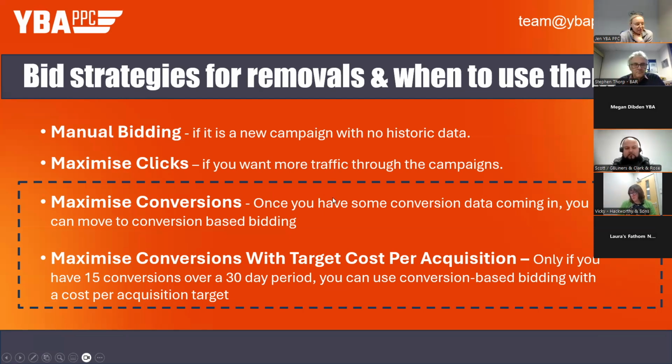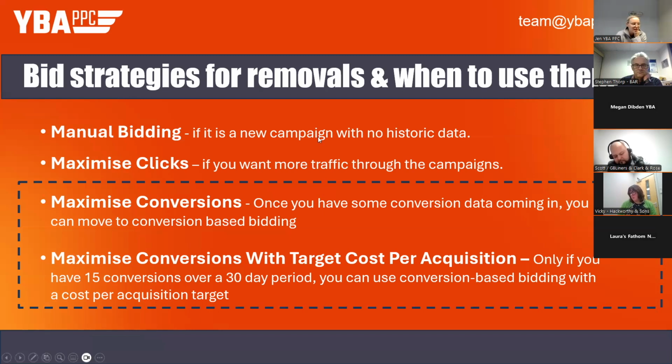If we don't have any conversion tracking, you probably want to use manual bidding. Sometimes we'll use manual if it's a brand new campaign and there's no historic data. We might just want to set the keyword bids ourselves. If you use manual bidding, that means Google's not making any changes on your behalf. You're just putting in a bid for a keyword and it will try and stick to that.